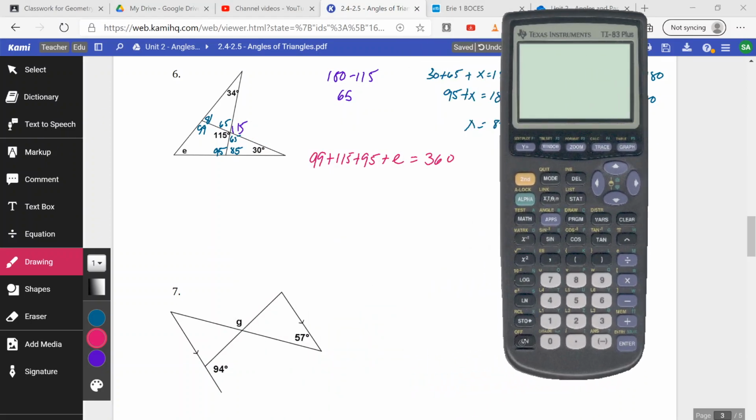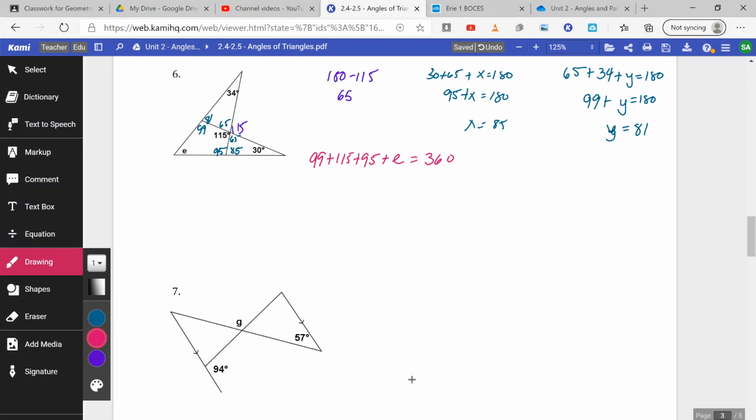So when we do that, we have, let's see, 210 and 309 gives me 360. 309 plus E. We'll subtract 309. And I get E is equal to 51 degrees.